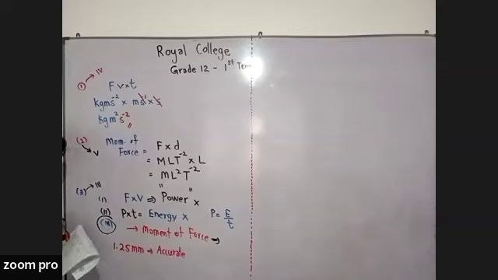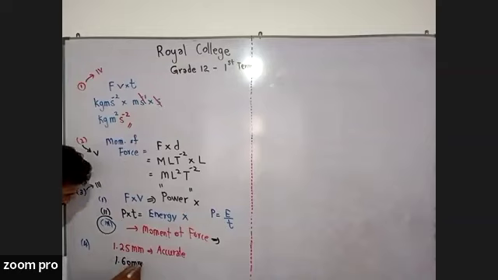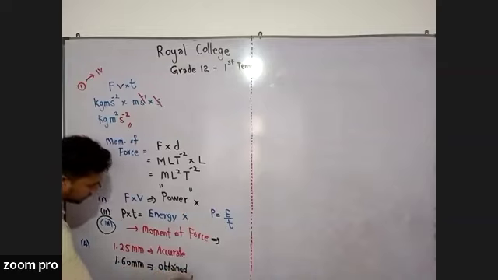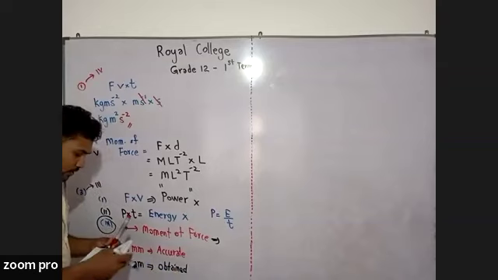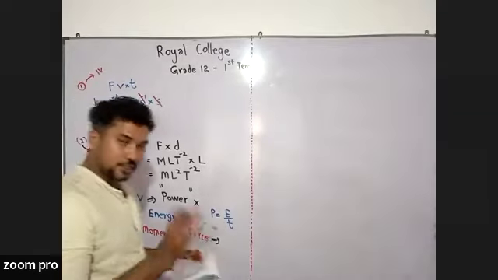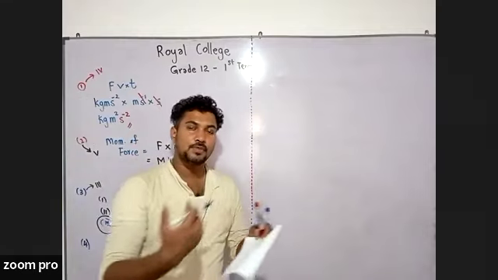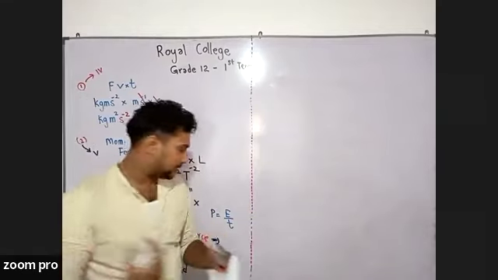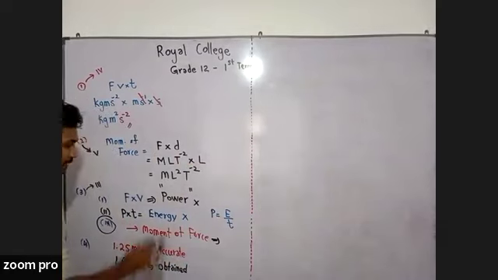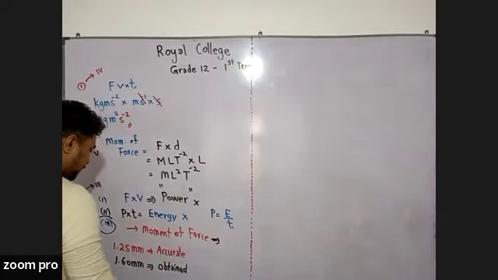And 1.6 millimeter is the obtained value by using this instrument, right? So then now we are asked to first of all, before choosing the correct diagram, we have to find the value for zero error, right?